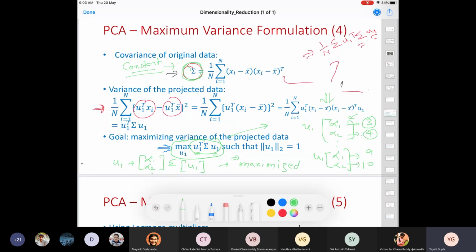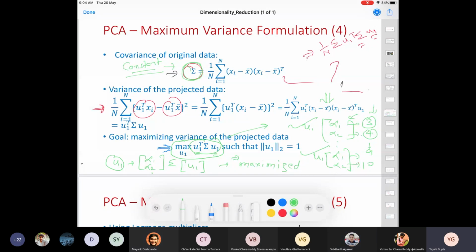What you are going to do is multiply these individual entities in u1 with the variance, which is nothing but a constant. So in which case would the value be maximized, if I use 3, 4 for alpha 1, alpha 2, or 9, 10 for alpha 1, alpha 2?